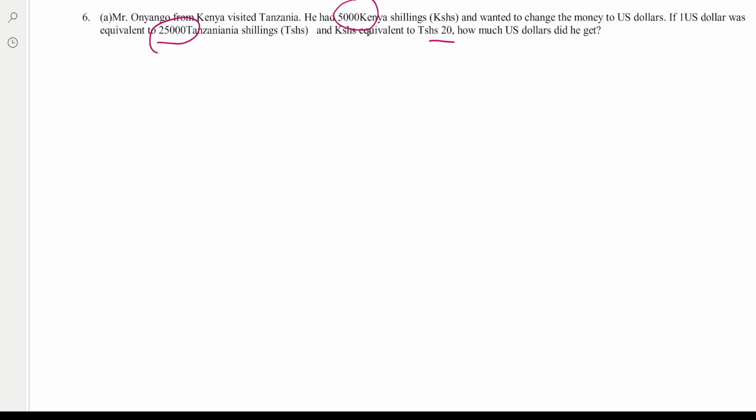So we have to change first this money into Tanzanian shillings, and we know that 1 Kenyan shilling is equivalent to 20 Tanzanian shillings. So if we have 5,000 Kenyan shillings, how much is the equivalent?